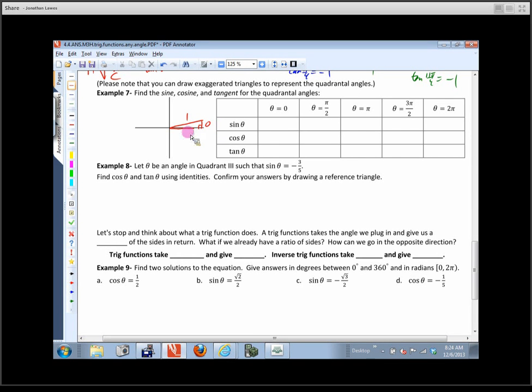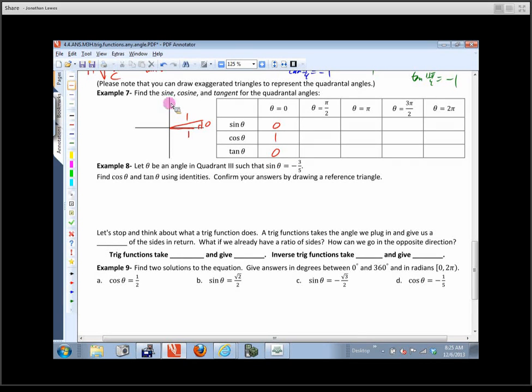How big would this be? It would be 1. So you would have gone to this side 1 unit, not gone up at all. The radius is still 1, so we can figure this out by using the opposite over the hypotenuse. That would be 0 over 1. Adjacent over hypotenuse, that would be 1 over 1. Opposite over the adjacent, that's going to be 0. With me there?